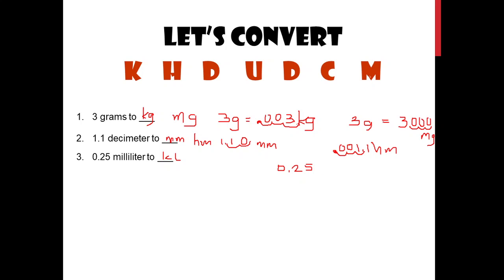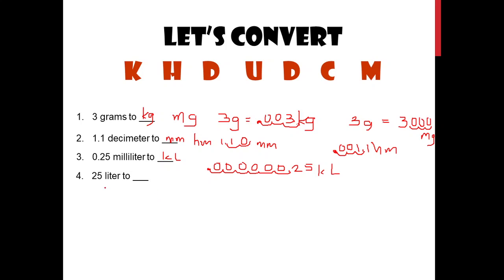So from here, my starting point is here because this is milli, and then I want to convert to kilo, so I'll go to the left. How many place? 1, 2, 3, 4, 5, 6. So I'll move my decimal place 6 times. 1, 2, 3, 4, 5, 6. This is my new decimal place, so I'll just add zeros here on the empty space. So this is my kiloliter. Okay? So it is very important that you remember this one, how King Henry died.